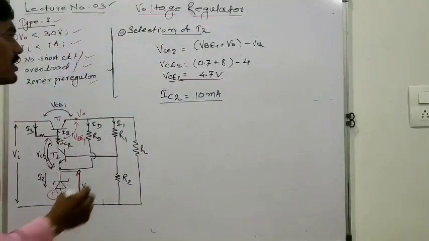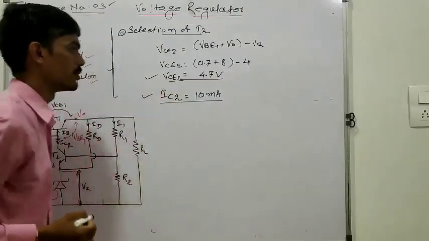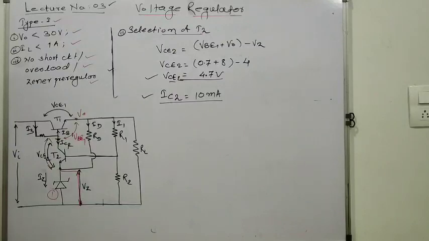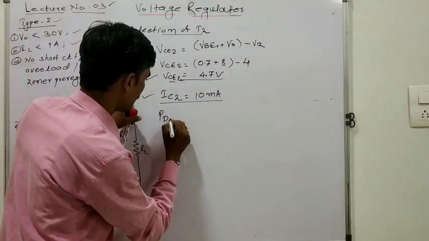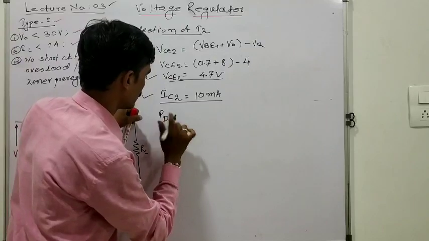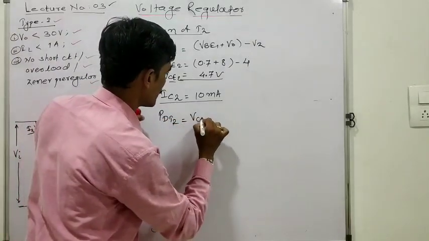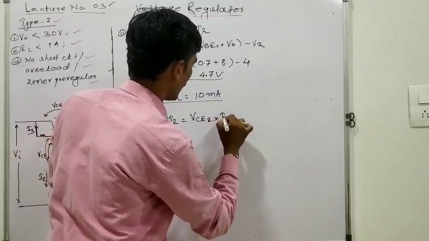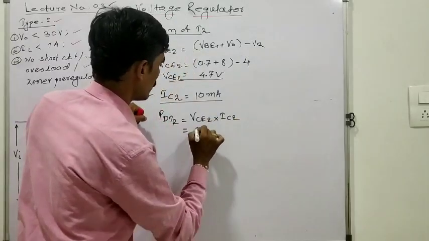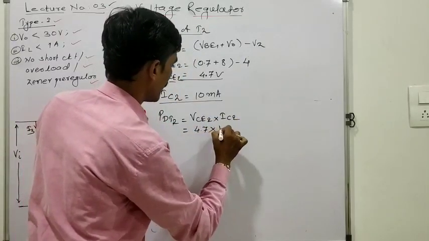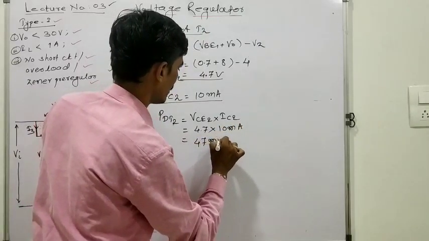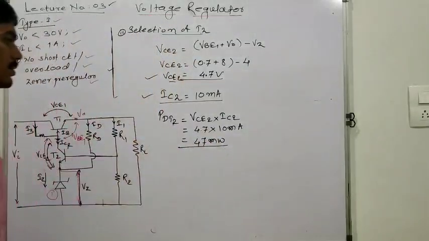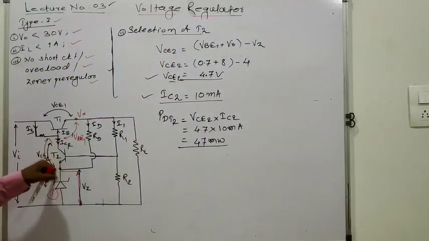So we have VCE2 as well as IC2. Now we calculate the power dissipation across the transistor T2. PD of transistor T2 is equal to VCE2 multiplied by IC2. So it is 4.7 multiplied by 10 milliampere, which is 47 milliwatt. So this is the power dissipation across the transistor T2.